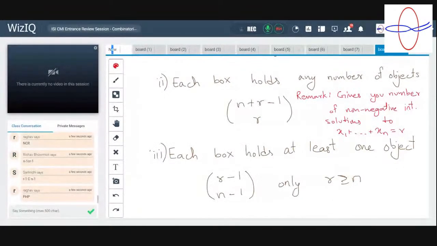So you force all the xi's to be at least 1, and then you arrive at the same situation where you now have r minus n ones left to put in the n boxes. Fine. And then you can use the same formula.